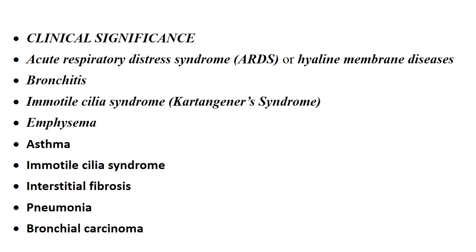Then the second condition is bronchitis. We know whenever the term itis comes, it is related to inflammation. So inflammation of the bronchus is known as bronchitis. It can be acute or chronic. Then the third condition is immotile cilia syndrome. It is also known as Kartagener syndrome. In our body, ciliated epithelium is present in the respiratory tract, fallopian tube and sperms.